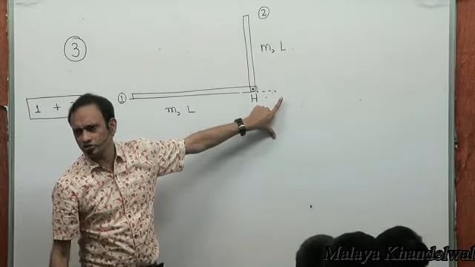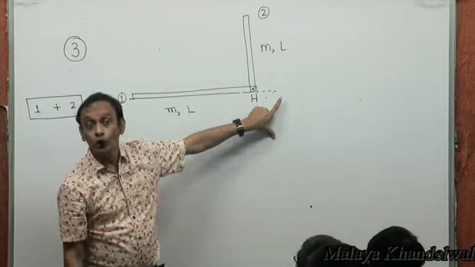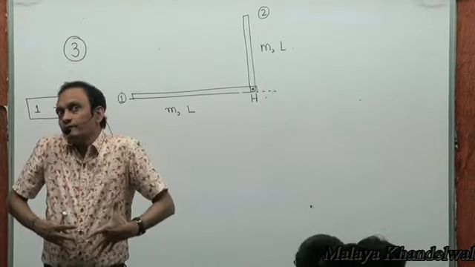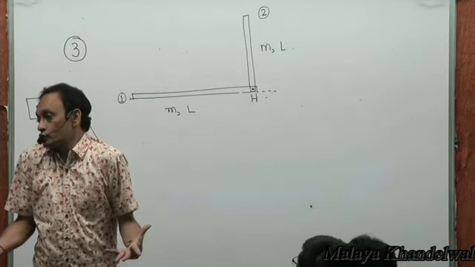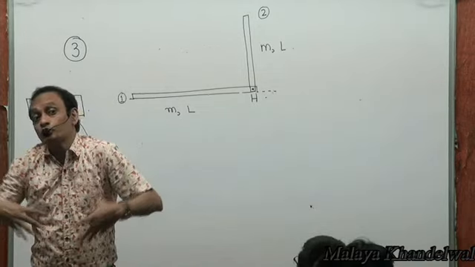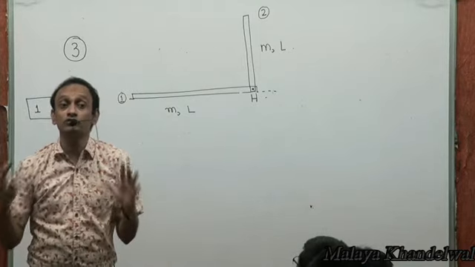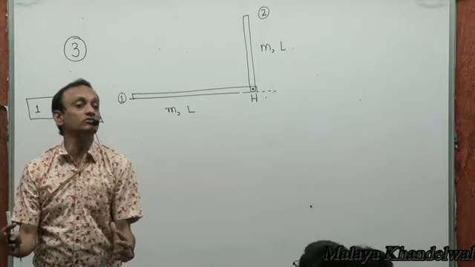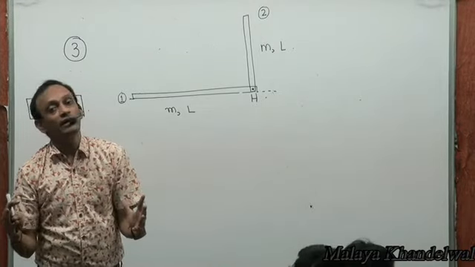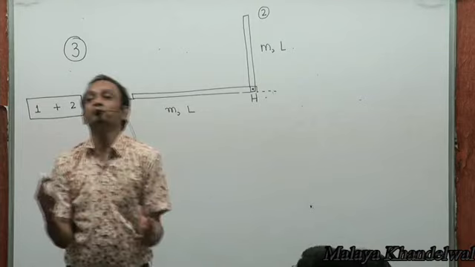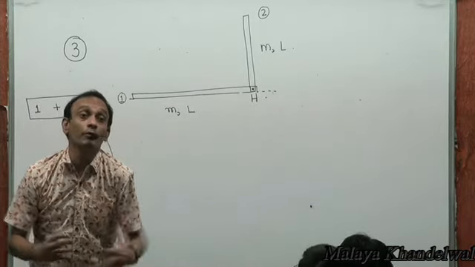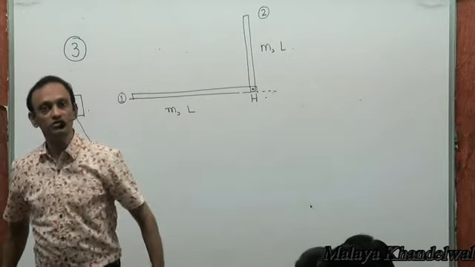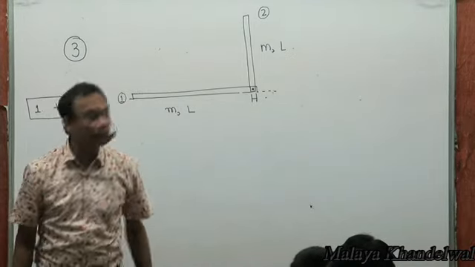What about the hinge force? Internal, because that's the force they exert on each other. If I look at plank 1 alone, hinge force will be an external force. If I look at plank 2 alone, that's going to be an external force. But if I look at plank 1 plus plank 2, then this would be looked upon as an internal force and would not participate in change of linear momentum of the system per se. System comprising 1 and 2. This is what happens. Yes or no?